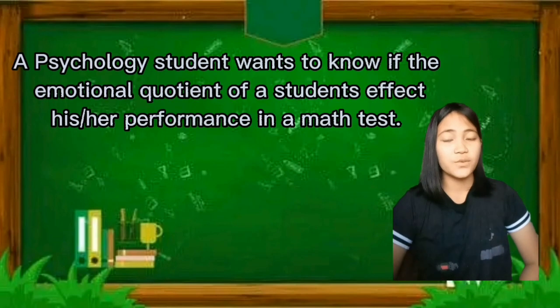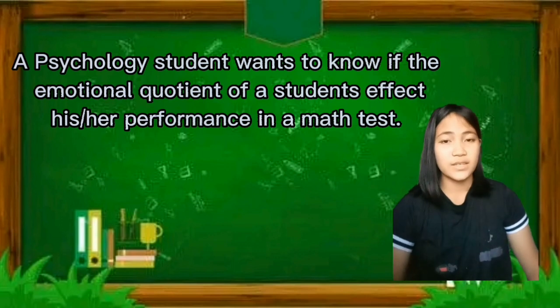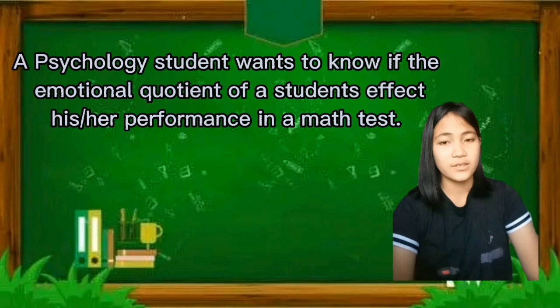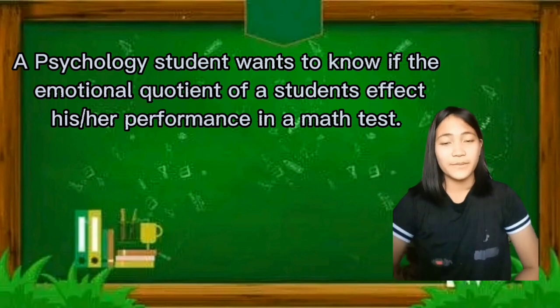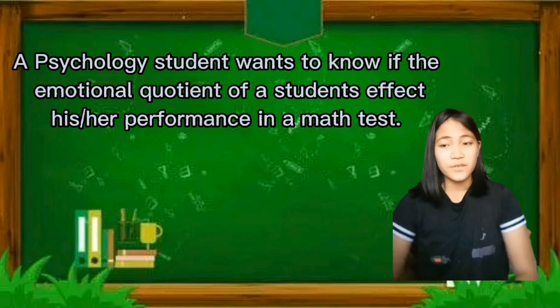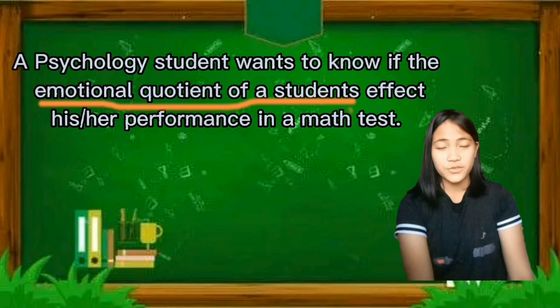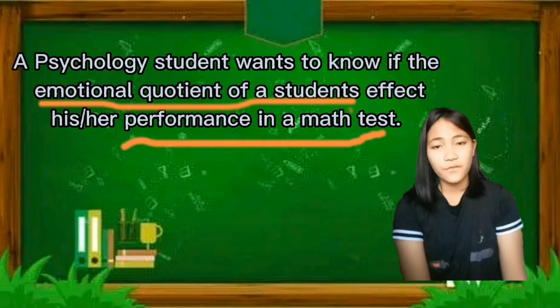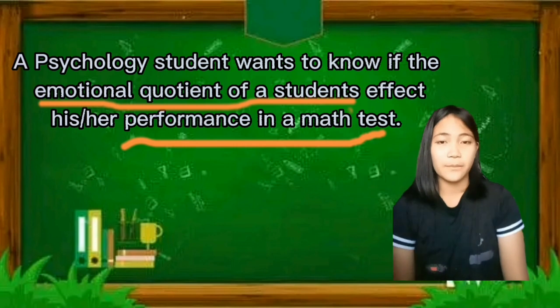A psychology student wants to know if the emotional quotient of a student affects his or her performance in a math test. Let's see what the possible variables are. A psychology student is the one who did the study. The first variable is the emotional quotient of a student, while the other variable is the performance in a math test.